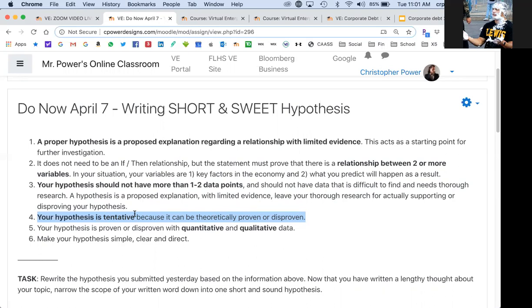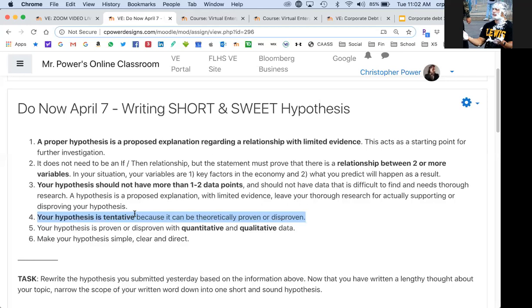I can then go in, look at historical data and do my research. And then I realize, well, wait a minute. Historically speaking, it's actually going to get worse in 3 months than it is today. So today's not the best day to buy stocks based on all my research. So my hypothesis was tentative.